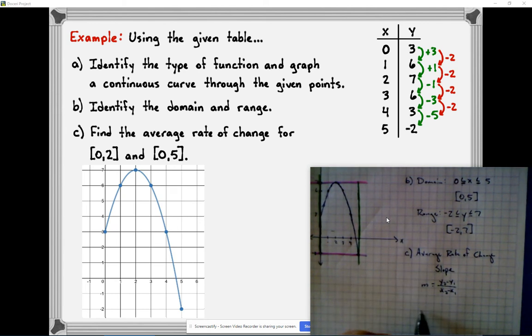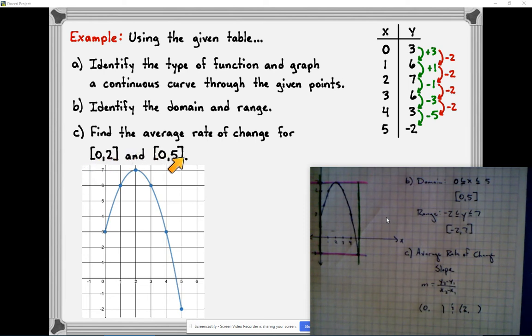The first coordinate is 0, comma something. And the second coordinate is 2, comma something. That is what this notation means here: 0, comma some y value, and 2, comma some y value.